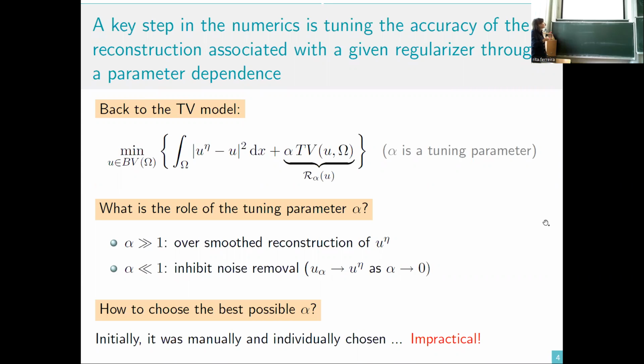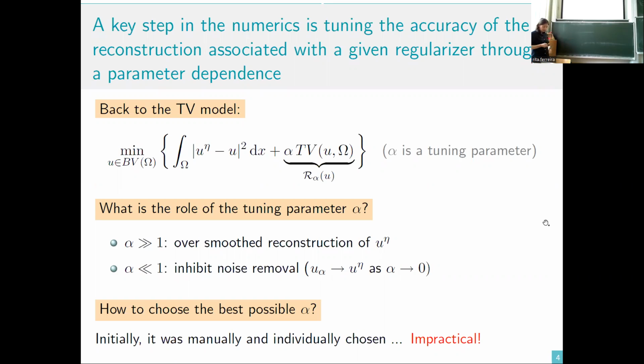And so the question is, how do you choose the best possible alpha? Initially this was done manually, image by image, which of course, as you can imagine, is impractical, in particular given the amount of images that are generated every day.